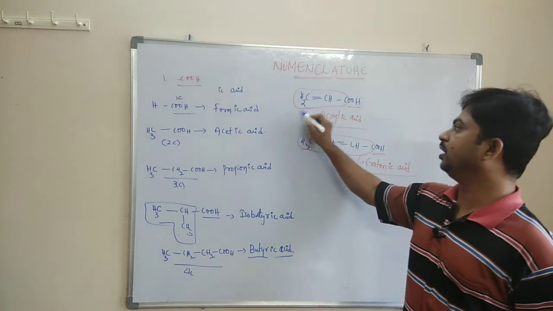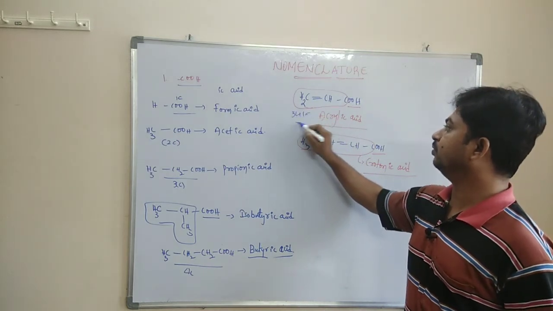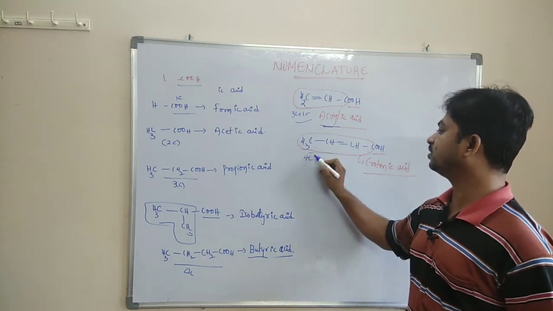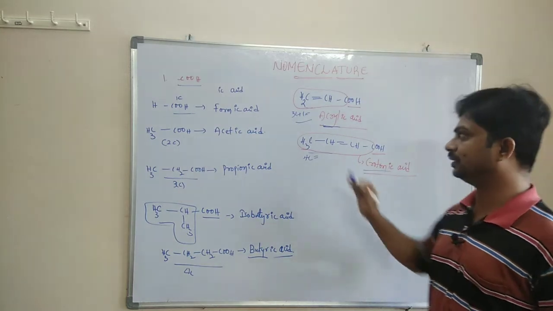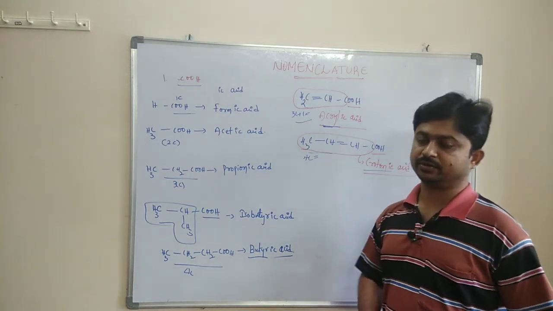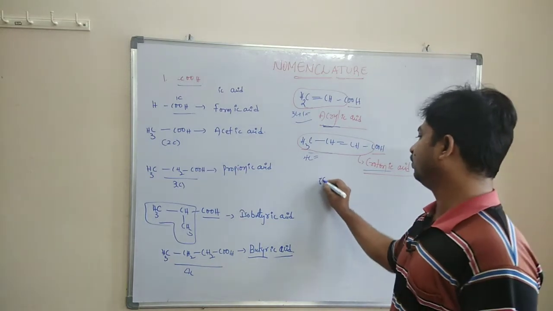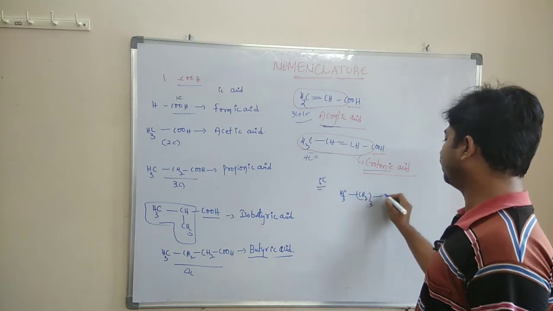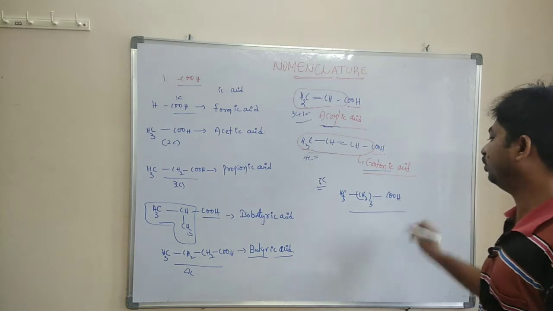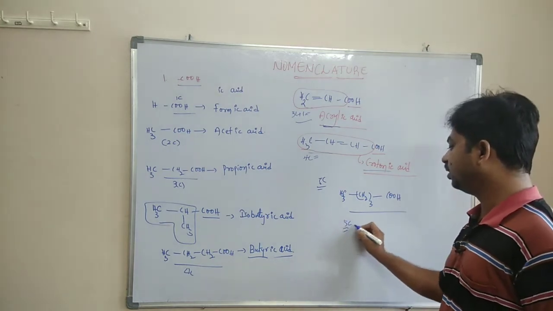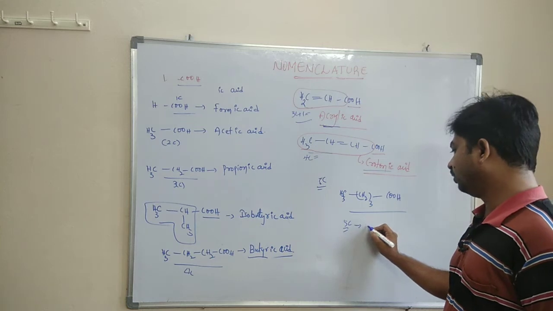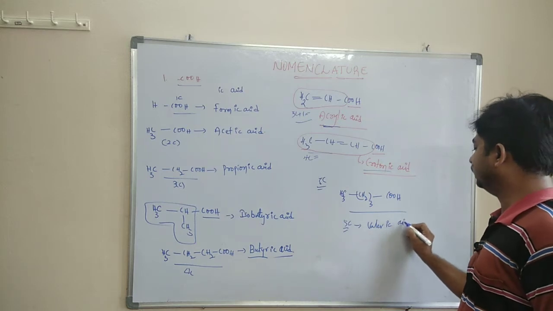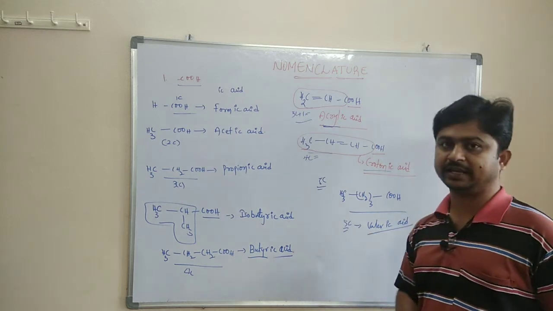Like that, three carbons with one double bond we call acryl, and four carbons with one double bond we call croton. Suppose five carbons are present, CH3 CH2 three times COOH. For this compound, five carbons means the word root becomes valer. It has COOH, ic acid, so the name becomes valeric acid.